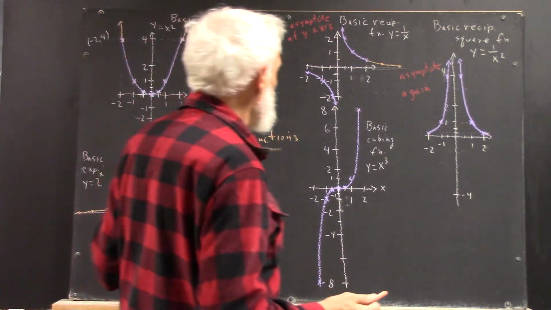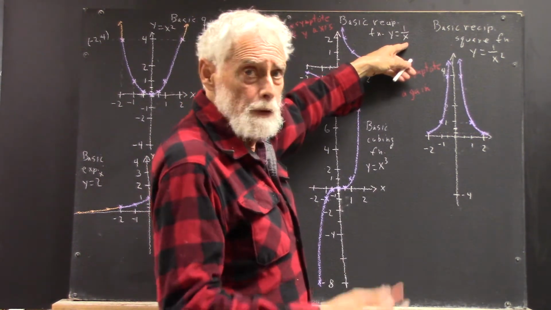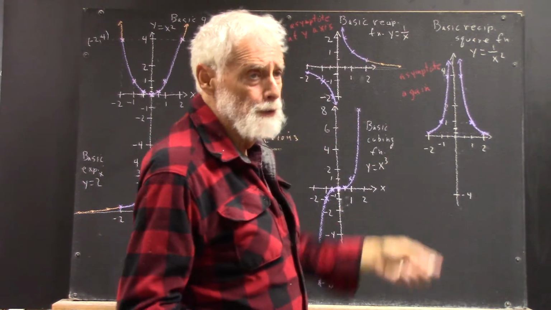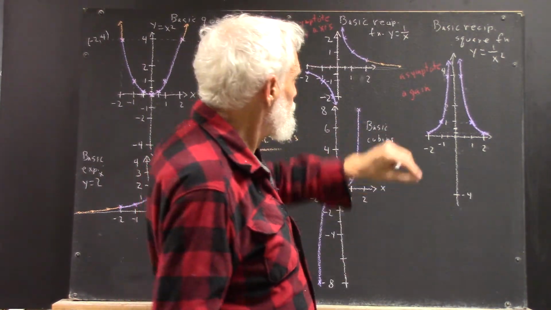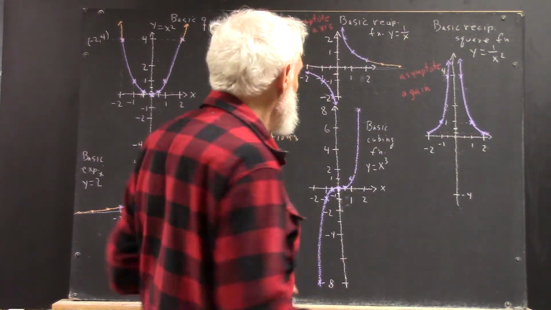But it's never going to get there, because no matter how big your number is, 1 over a trillion, if you can conceive of a trillion, very tiny number, but it's not 0, so you do have some separation between 1 over a trillion and the x-axis, which is at 0.